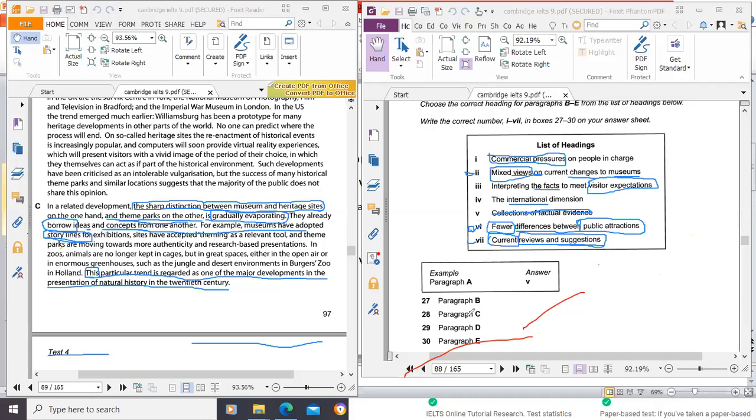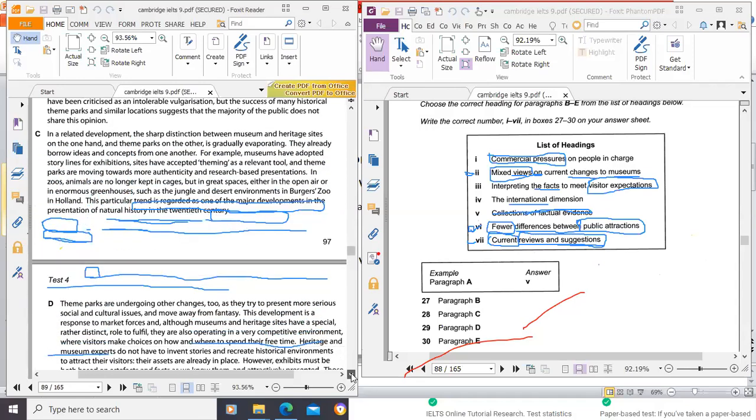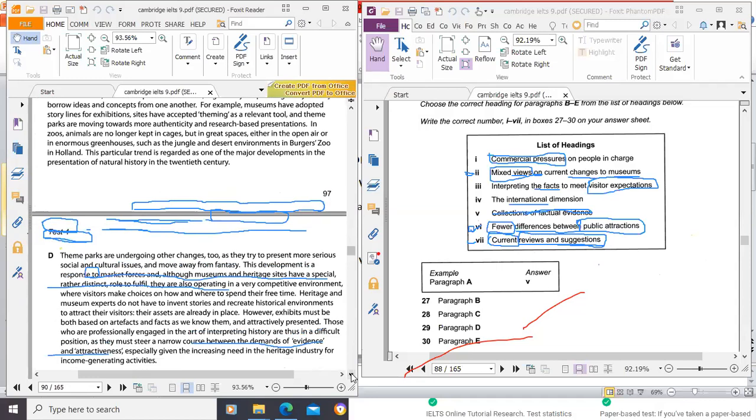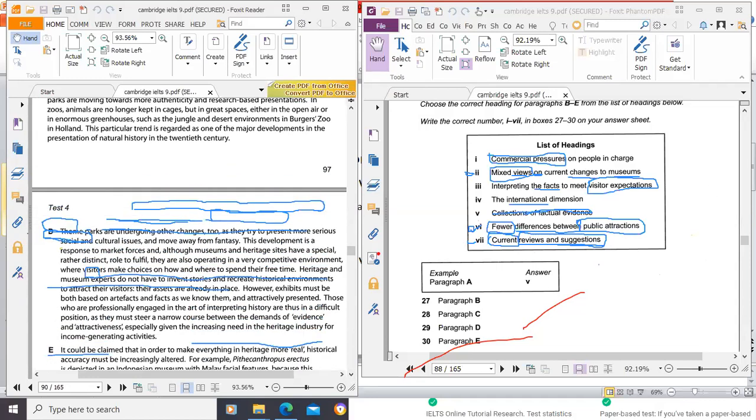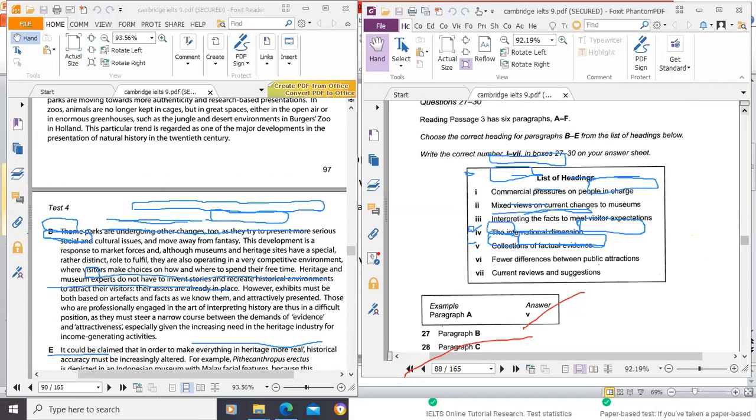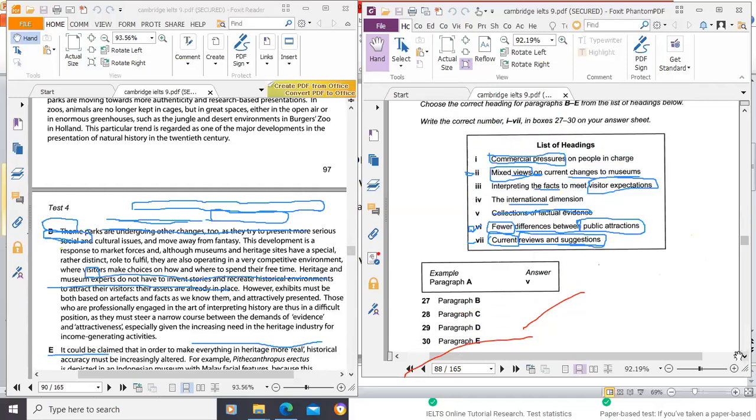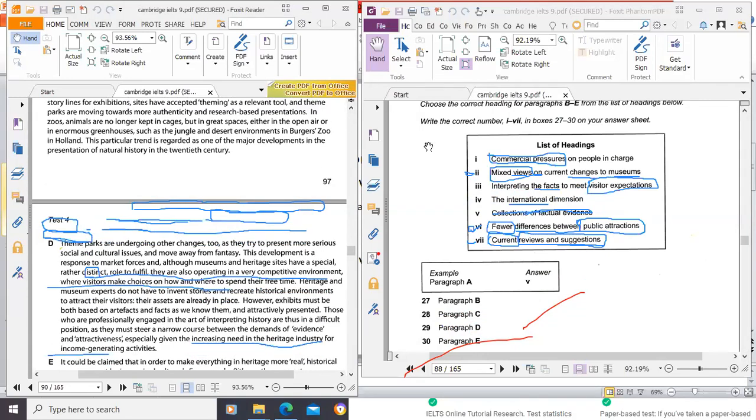Moving on to paragraph D. You will see that it's just applying the same principle over time. We make you an expert in understanding, in as much as IELTS is not going to change how they structure their questions and all that, you are good to go just knowing how to do all these things.